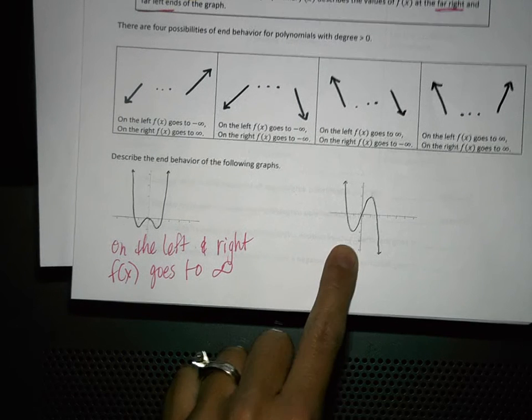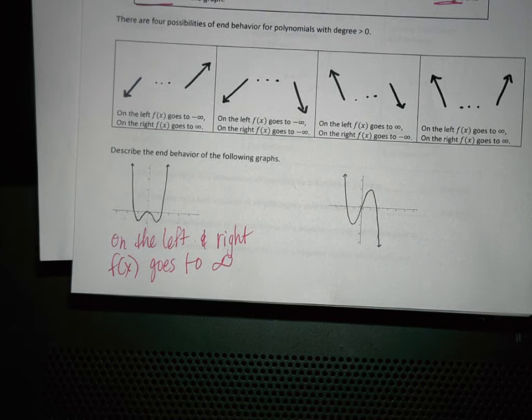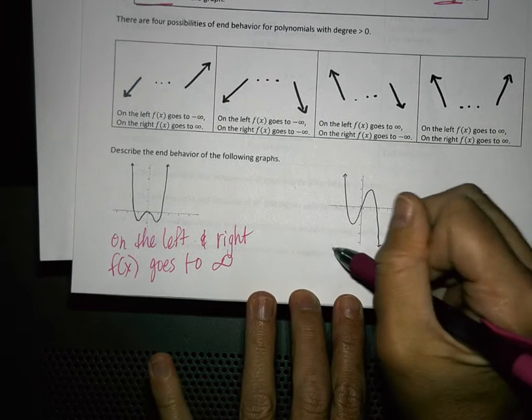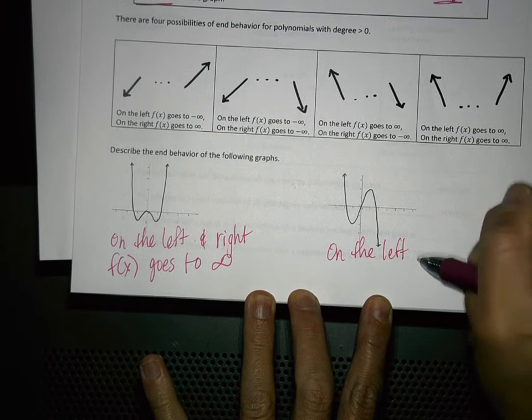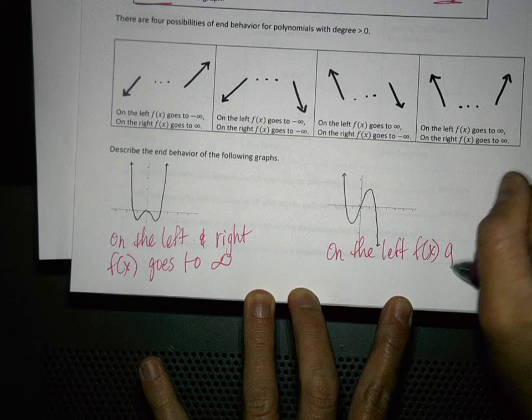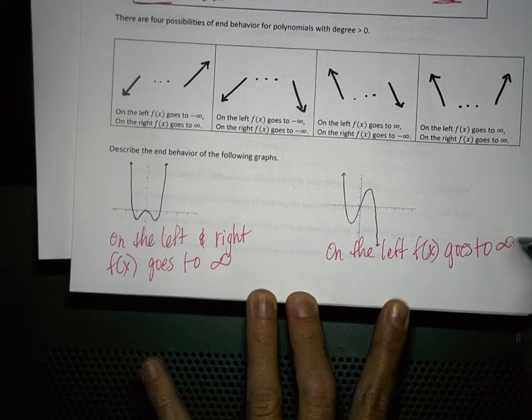Okay, what's happening on the second graph? Good. So on this one, on the left, f of x goes to what? Positive infinity.